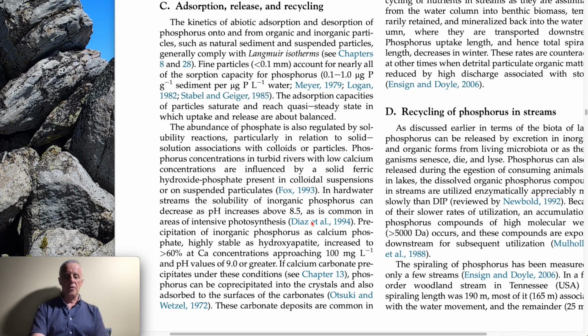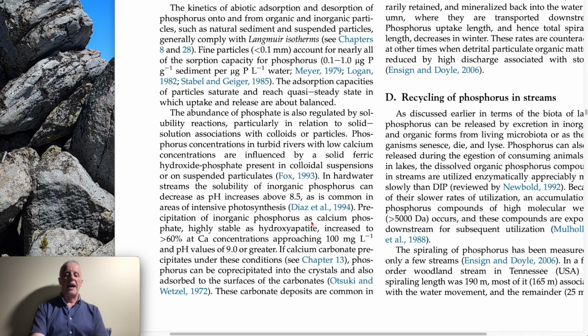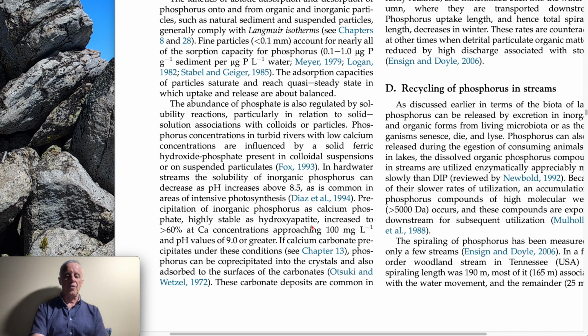In hard water streams, the solubility of inorganic phosphorus can decrease as pH increases above 8.5, as is common in areas of intensive photosynthesis. Precipitation of inorganic phosphorus as calcium phosphate, highly stable as hydroxyapatite, increased to greater than 60% at calcium concentration approaching 100 milligrams per liter and pH values of 9.0 or greater.